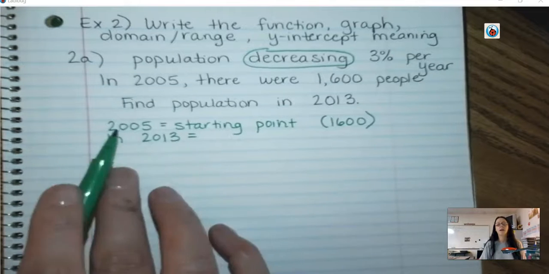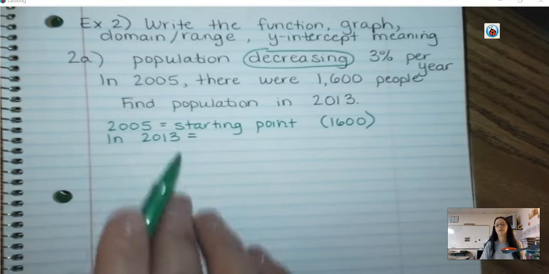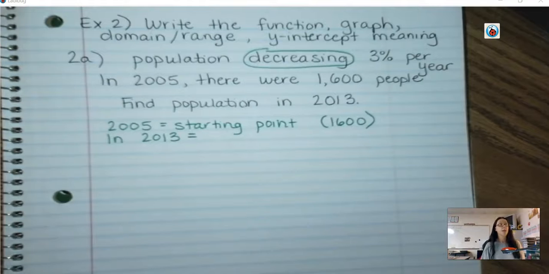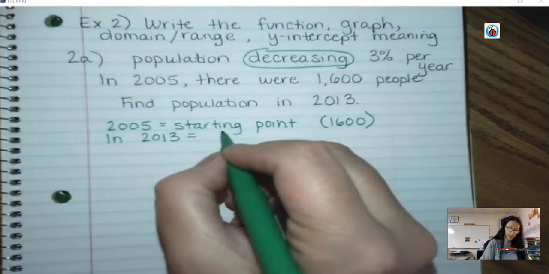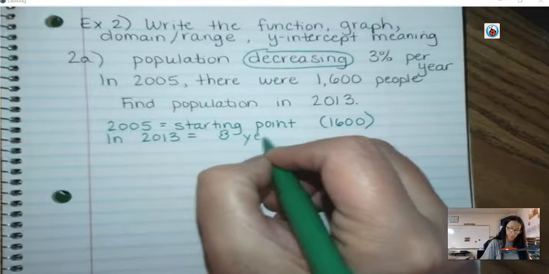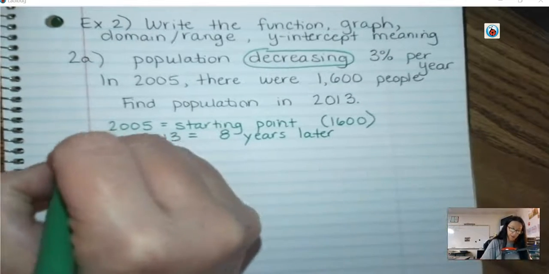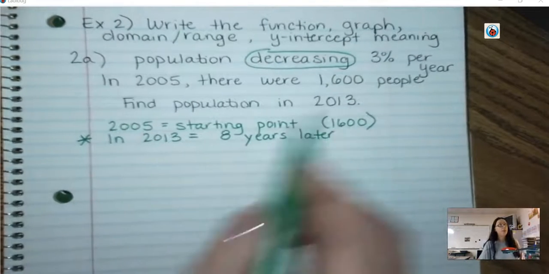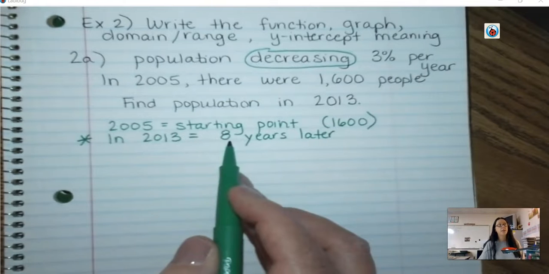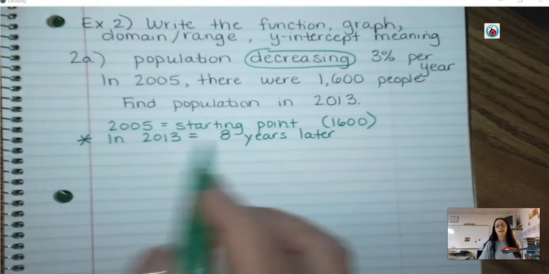So first, figure out how many years later that is, from 2005 to 2013. Okay, tell your table, how many years later is that? That's 8 years later. Keep that in mind because when we figure out that population, we're actually going to use the number 8.